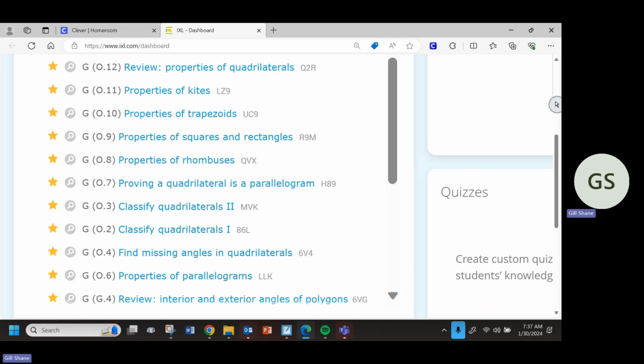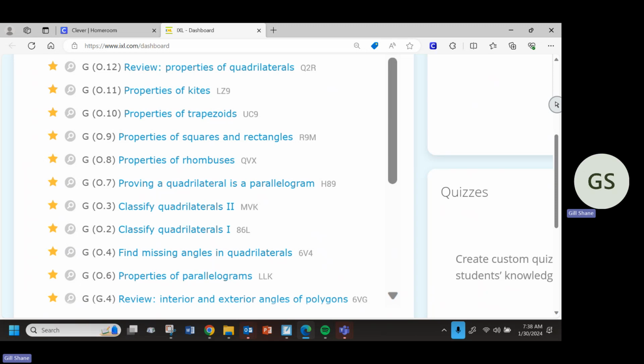There's proving a quadrilateral is a parallelogram. That was on the quiz you just took on Monday. Classifying has to do with just recognizing them. I'm not doing a lot with that. I probably should, because I think there was something on the final exam, the EOC last year, where you had to know what the shape was by looking at it.